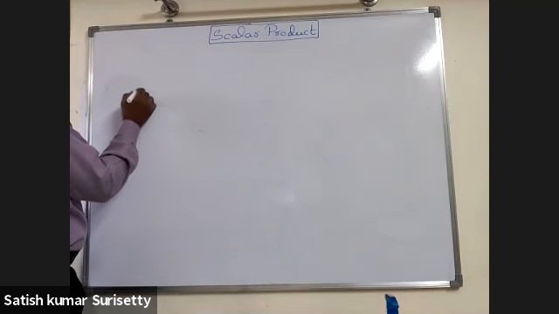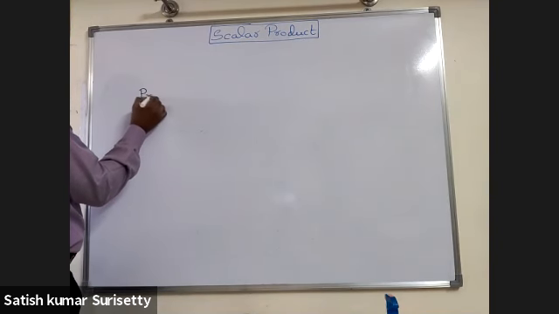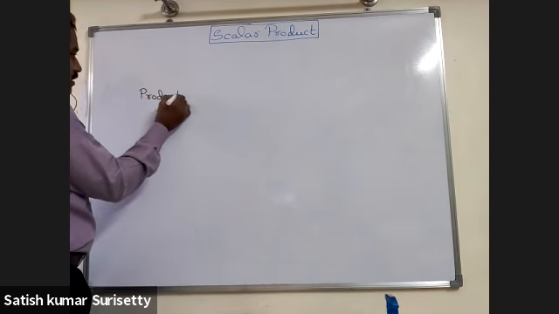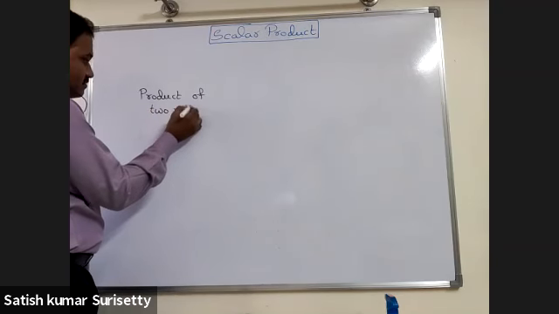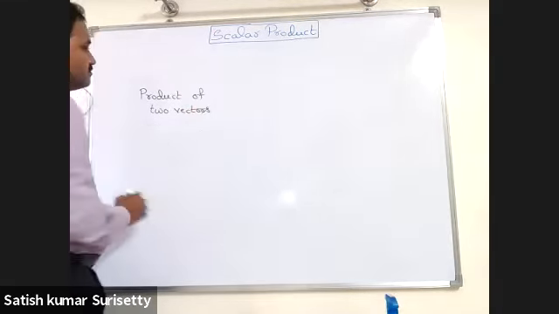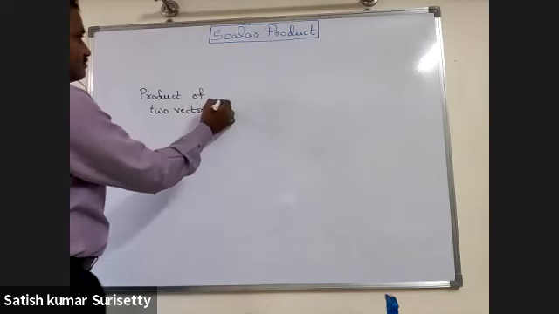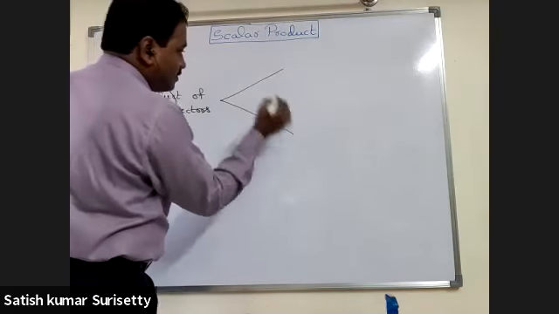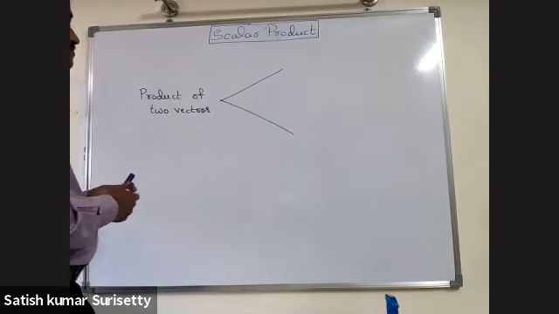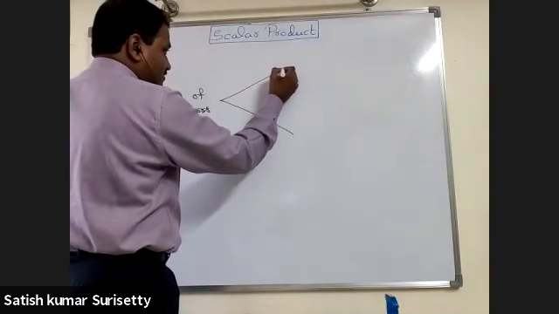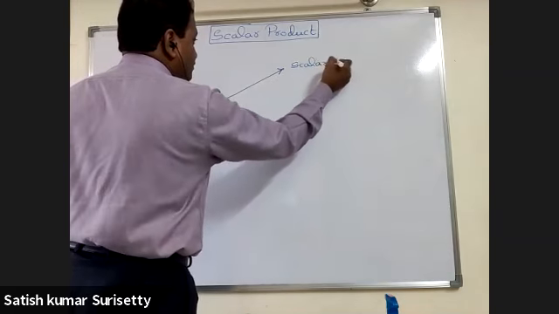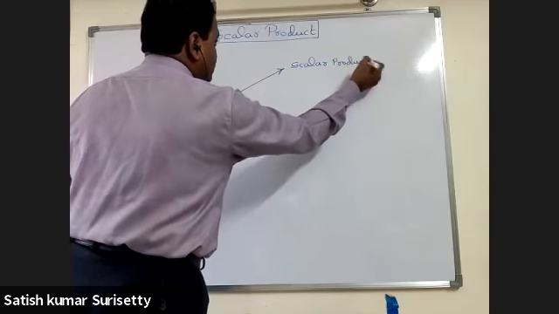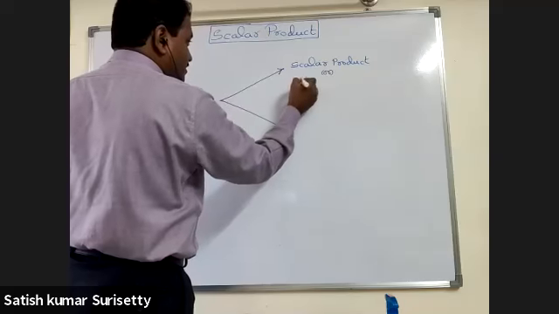Product of two vectors. Two types. One is scalar product, or another name is dot product.